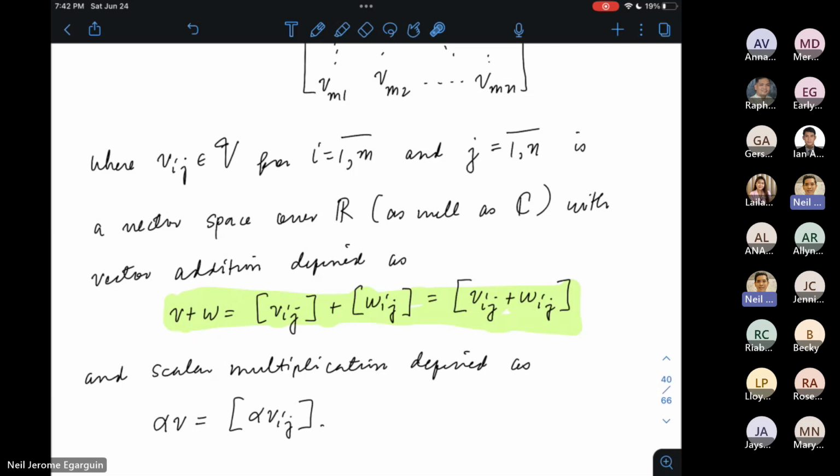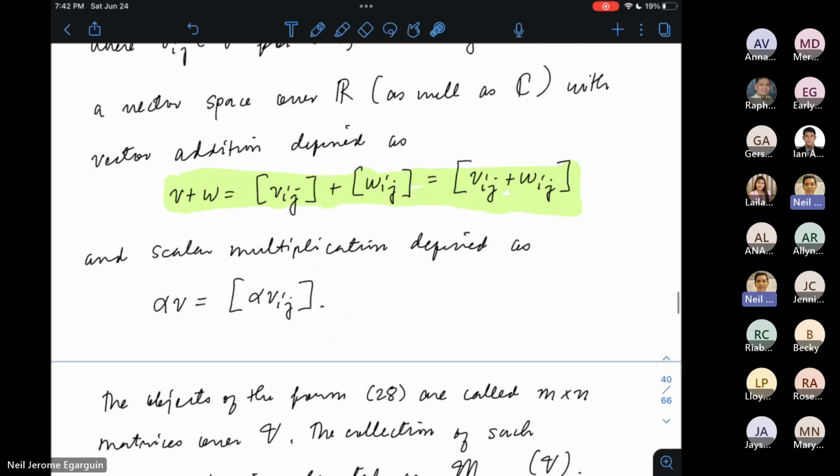Right? So I add two matrices by adding their components accordingly. And then ang scalar multiplication naman is also component-wise. If I want to multiply the matrix V by a scalar alpha, then I will just multiply all entries in the matrix by the scalar alpha.